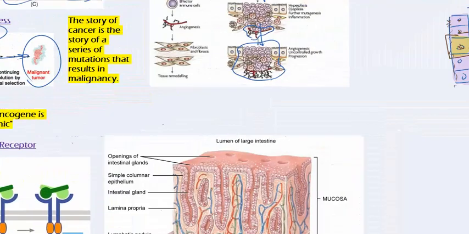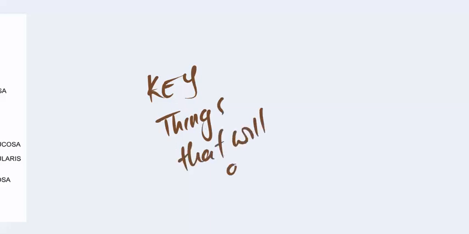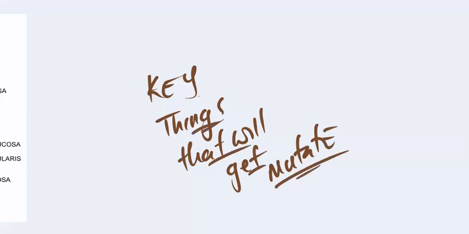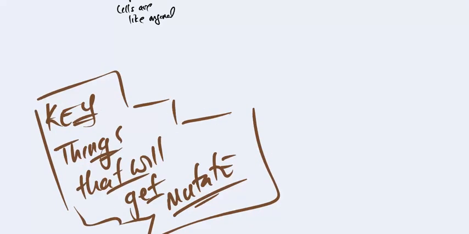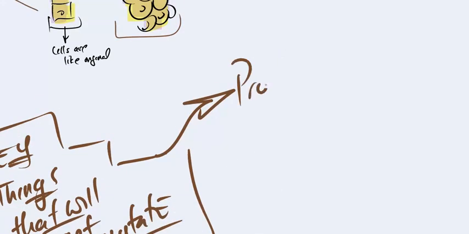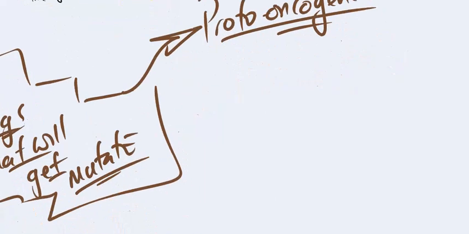So there's two key things that we're going to look at that will get mutated. That's going to be your proto-oncogenes, and your tumor suppressor genes.